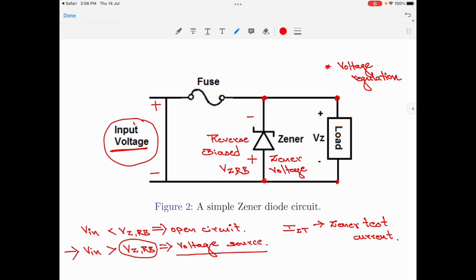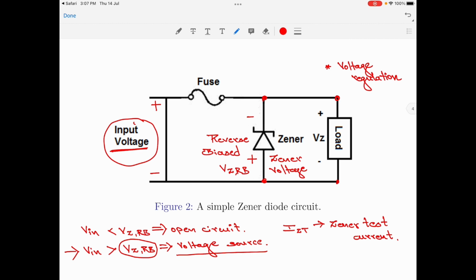Therefore, whenever you are analyzing Zener based circuits, the first thing to do is to determine if the diode is forward biased or not. If it is forward biased, then you simply treat it like any other ordinary switching diode. If on the other hand it is reverse biased, then you need to check the voltage across the diode.